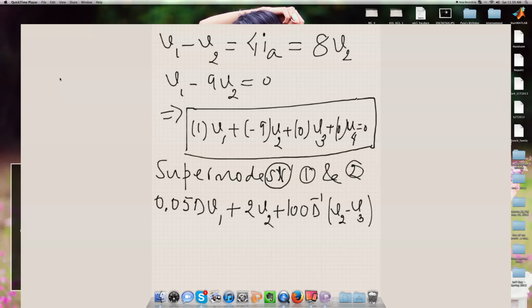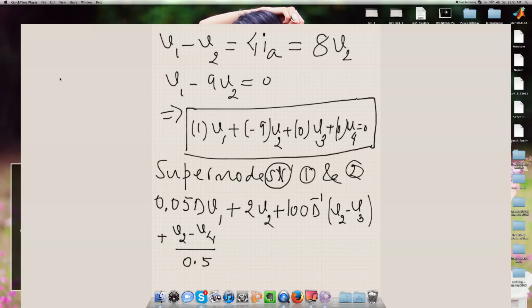Using, of course, the house rule, the current flows from node number 2 onto 3. Next, we have to figure out the current flowing via the 0.5 ohm resistor onto node number 4. That will be V2 minus V4 divided by the resistance on the path, which is 0.5. So that's also taken care of.